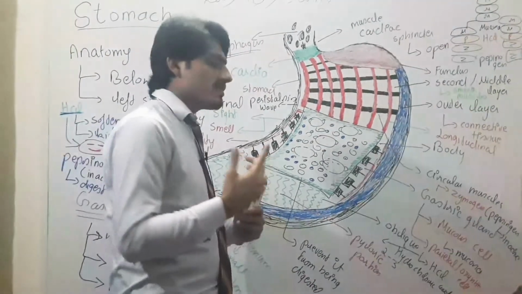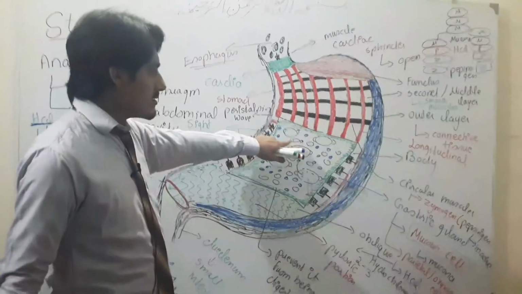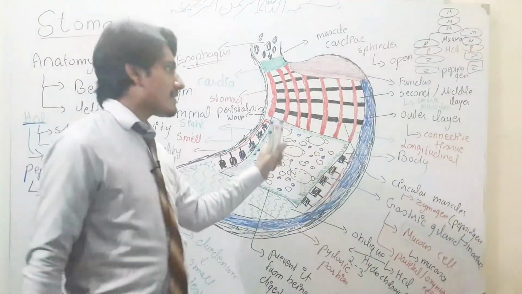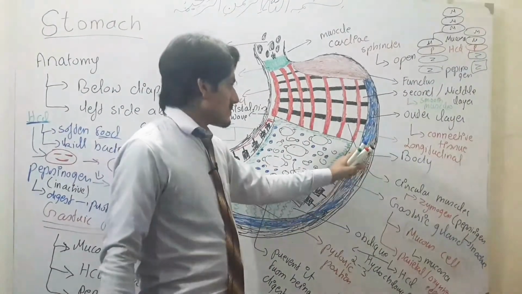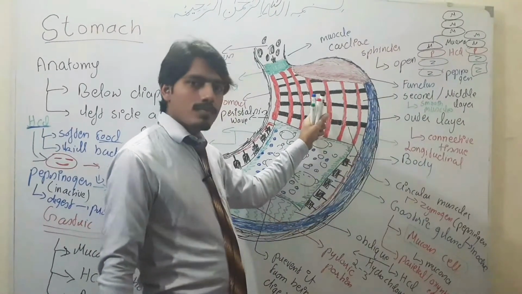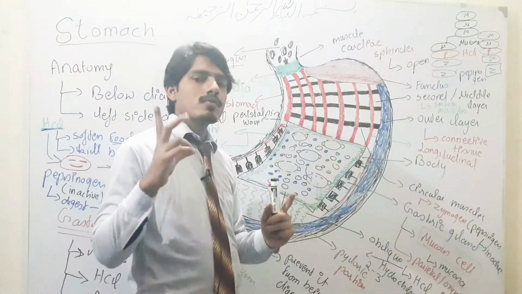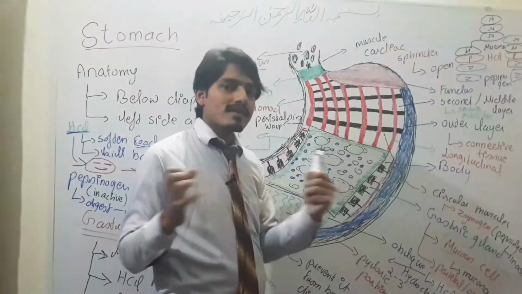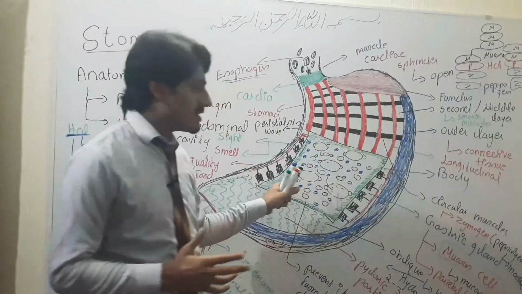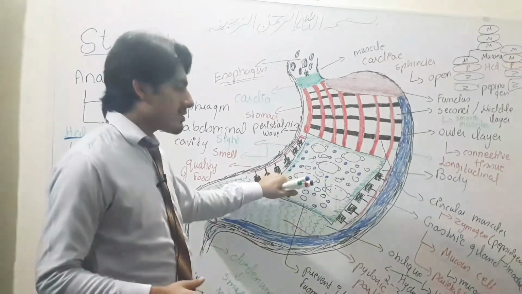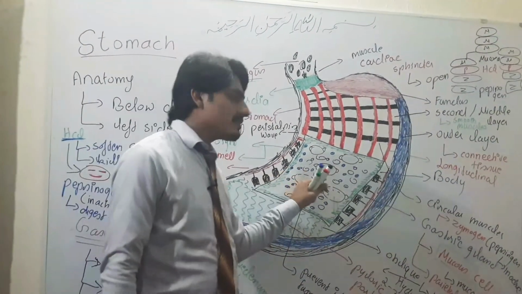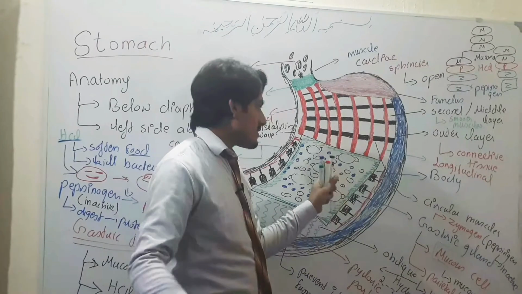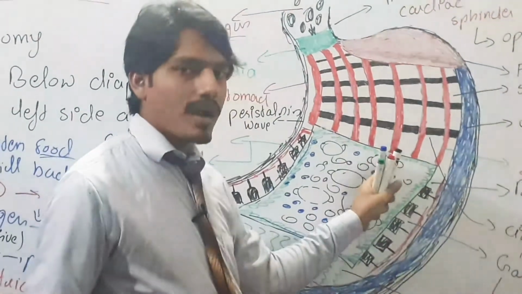The churning, how is it possible? When the food and gastric juice are both present inside the stomach cavity, there is a second layer, a muscular layer. Muscle has two functions, contract and relax. When the muscle contracts and relaxes, it mixes up the substances inside. There are two substances: gastric juice and food particles.